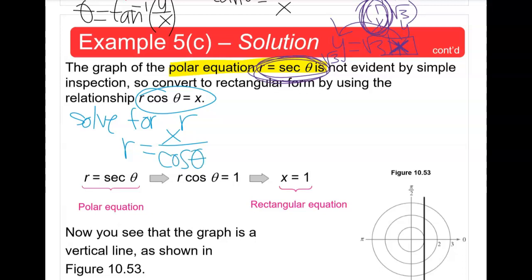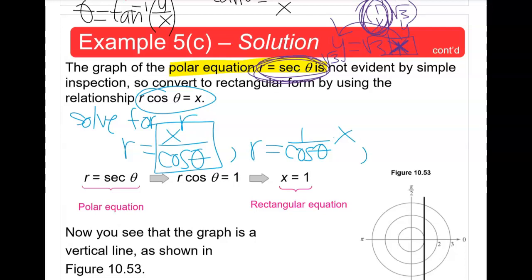So right here, the cosine theta on the bottom will be the same as 1 over cosine theta times x, like that.